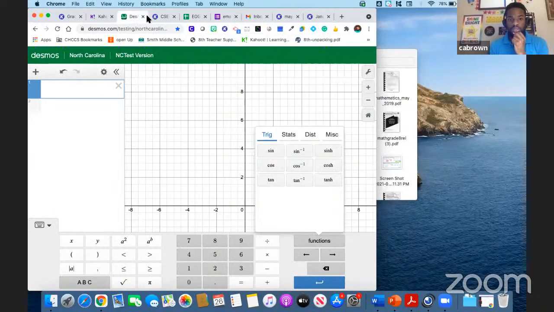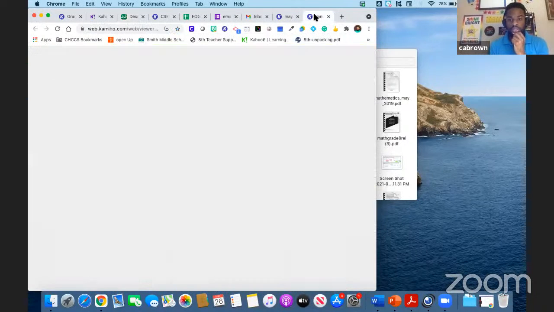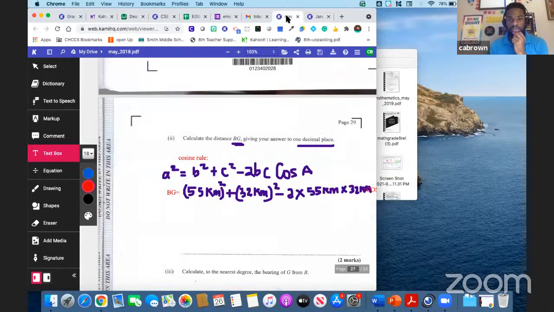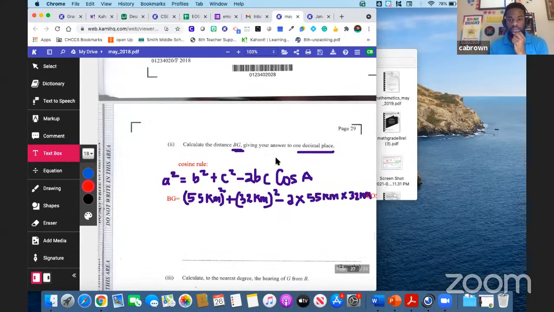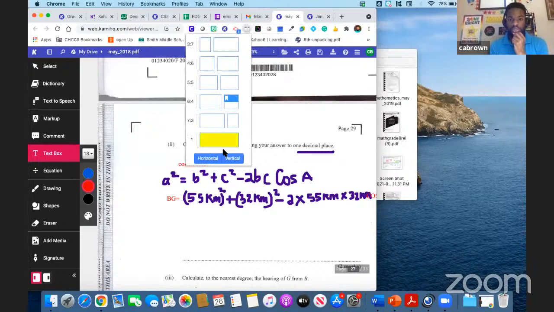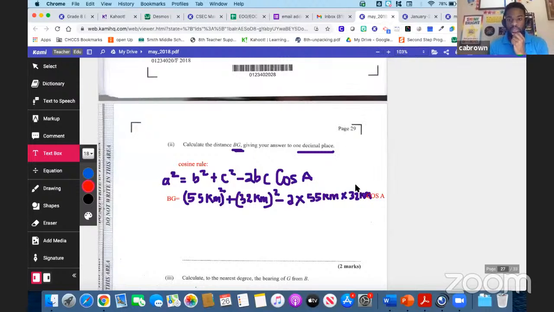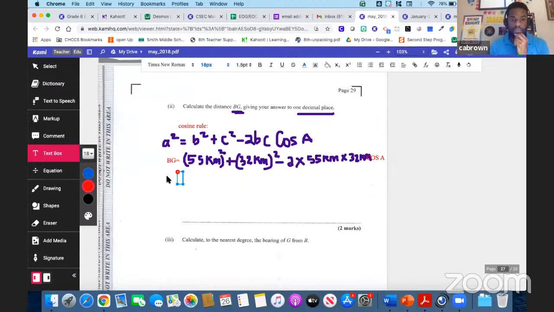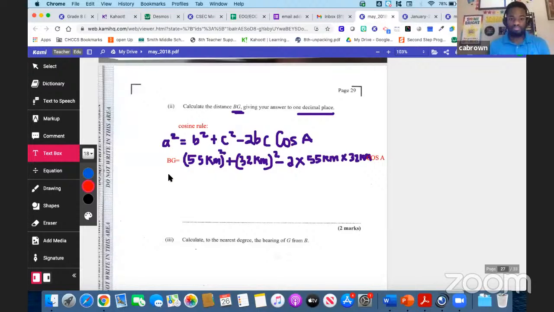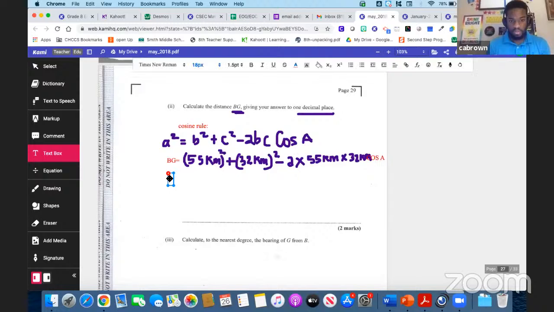Let me see if I can put this in my calculator. It doesn't work. All right, that's fine. We need BG, so we're going to be simplifying all of this.